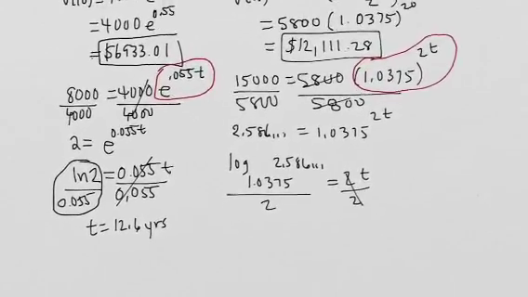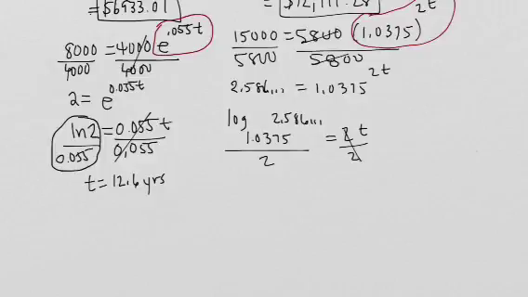Now we're ready to use the calculator. This is how you're going to set it up. Change of base theorem, because our calculators do not have this base, right? They only have base 10 and base e. And here I have 1.0375. So I'm going to have to use the change of base theorem: log of the answer over log of 1.0375, divided by 2.